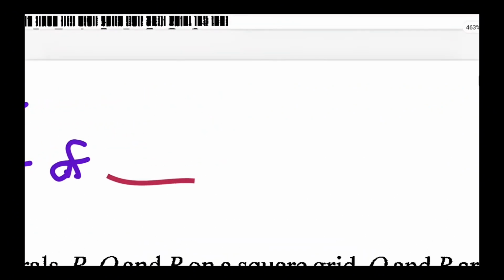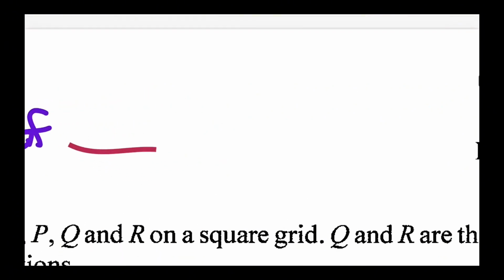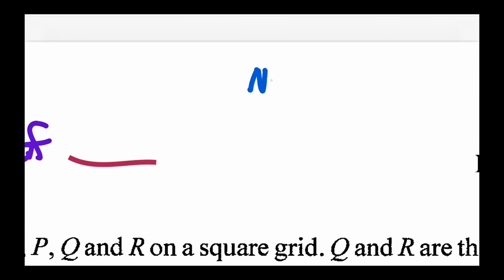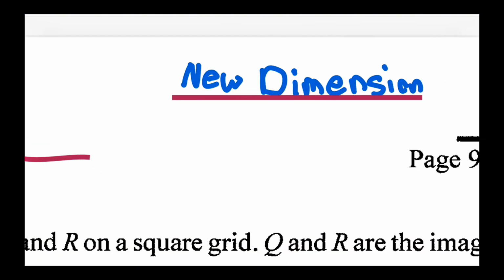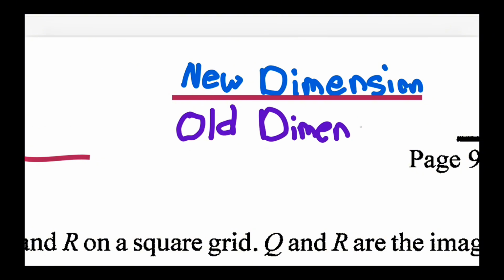I'm just going to give a little formula. You're going to take the new dimension, and then you're going to divide by the old dimension, which would have been the dimension you started with.